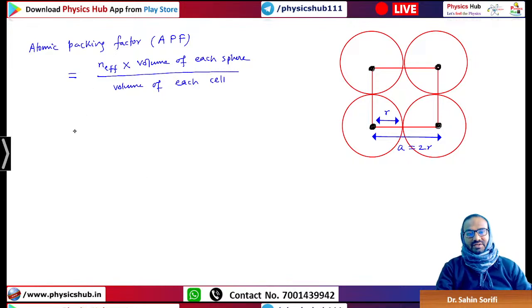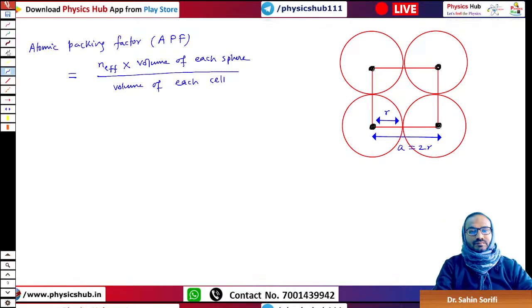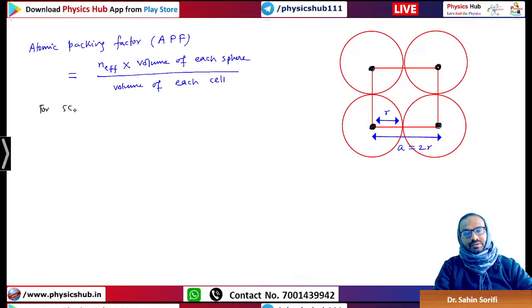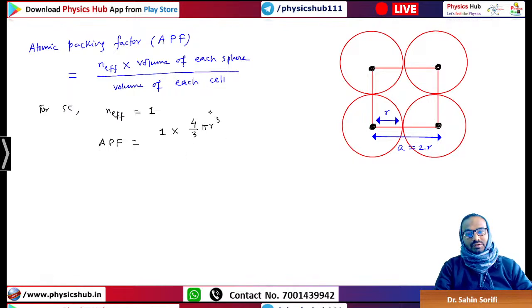So n effective you know already: for simple cubic, n effective equals 1. Volume of each sphere you know, that is 4/3 pi r cube. So 1 into 4/3 pi r cube, divided by the volume of each cell, which is a cube.